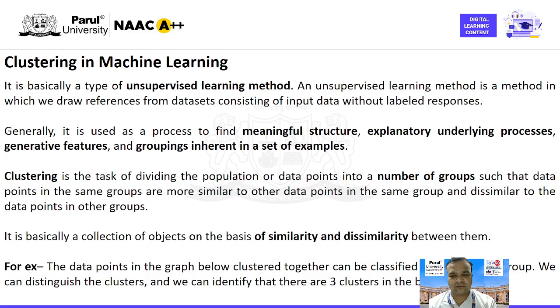If you have a number of people, you separate them into a number of groups on the basis of some factor, such that data points in the same group are more similar to other data points in that group, and dissimilar to the data points in other groups.